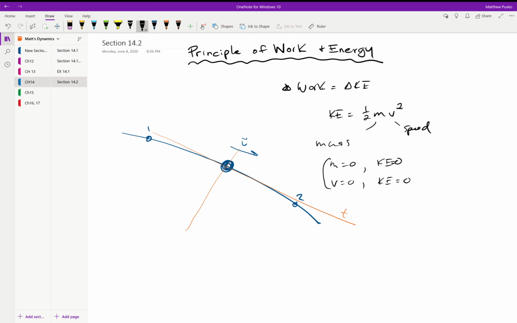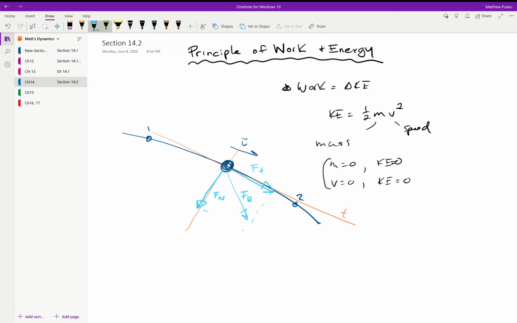that we are going to have, let me get a different color, a normal force and some component of a tangential force. And this all comes from the fact that we have some resultant force causing us to go around the corner and accelerate as we go around the corner in the tangent direction.